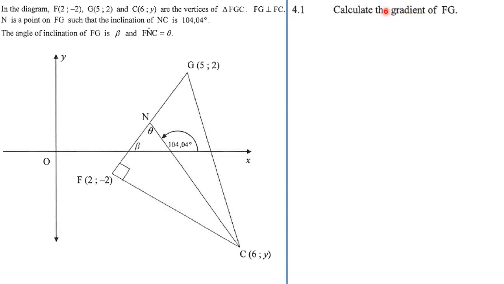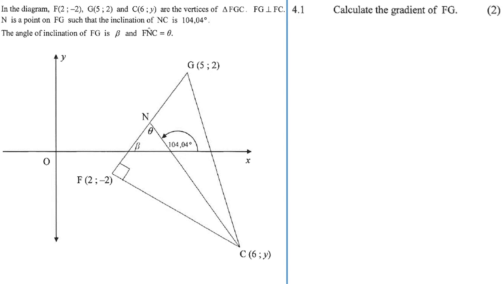So when it says calculate the gradient, at the back of your mind you have already underlined that I'm going to use the gradient formula here. You calculate the gradient of FG. How many marks? This question is 2 marks, very simple.